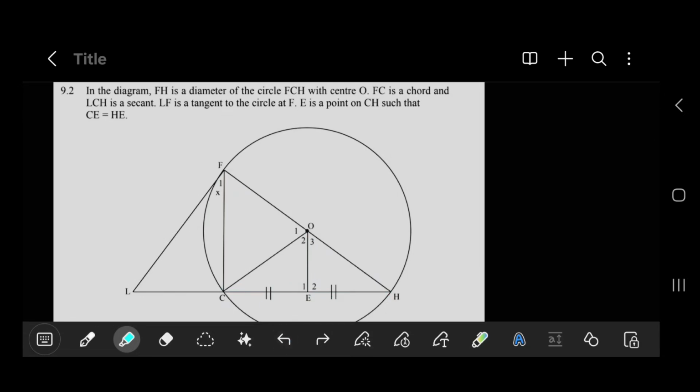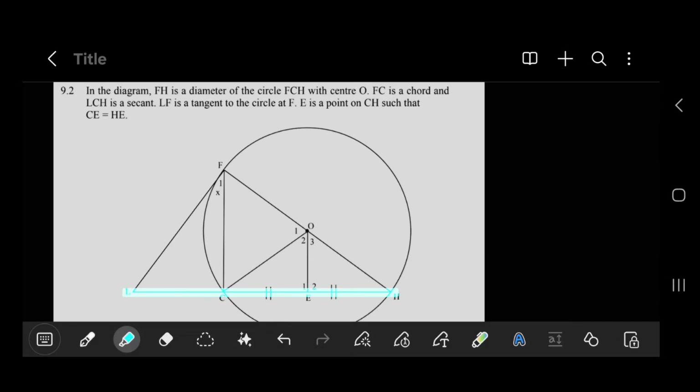With the center O, so O is the center, FC is a chord, here is the chord FC, and LCH is a secant, so LCH. Now the term secant is a line that they don't often mention in Euclidean geometry. What a secant is, it goes from one end of the circumference to the other, and it actually goes beyond the circle.